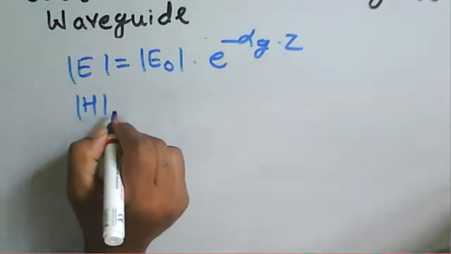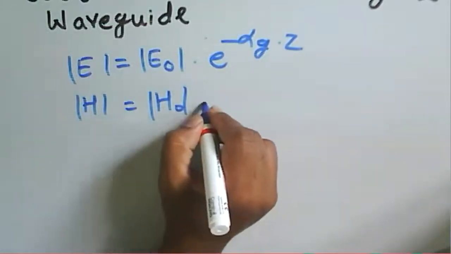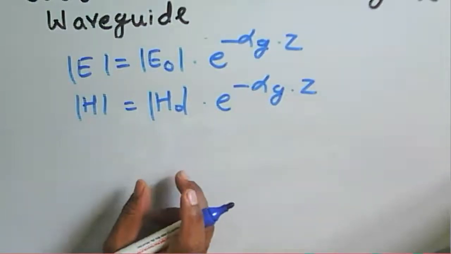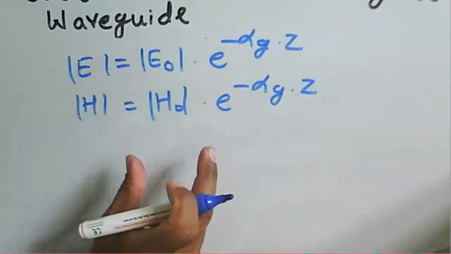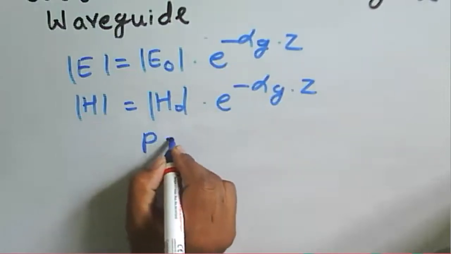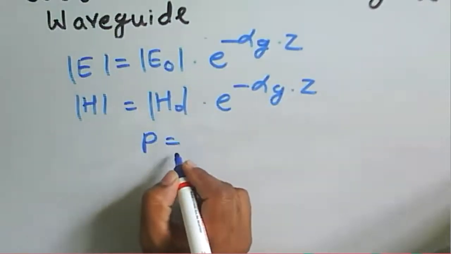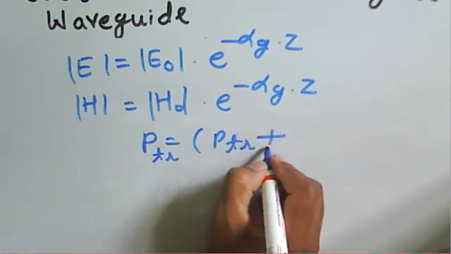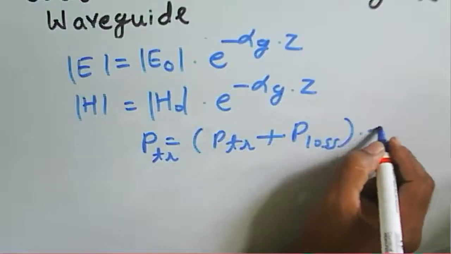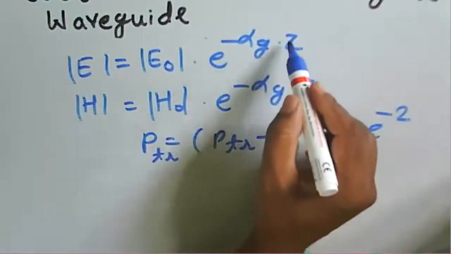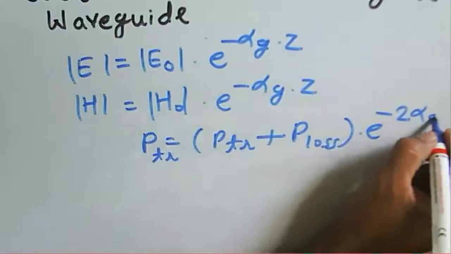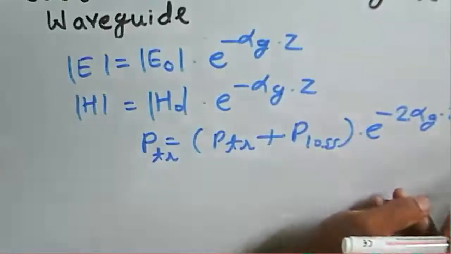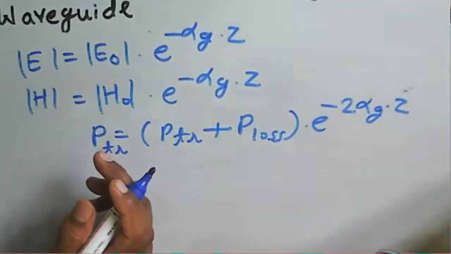Similarly, for the H, we calculate that as H0 e raised to minus alpha g into z here. And through that, P is equal to E cross H. So that's why we are getting the expression in which P transmitted plus P loss, whatever we have written here, is e raised to minus twice, because we have the field components of an electric field and a magnetic field, that's why it is minus twice of alpha g into its area. So that is the expression we are getting.